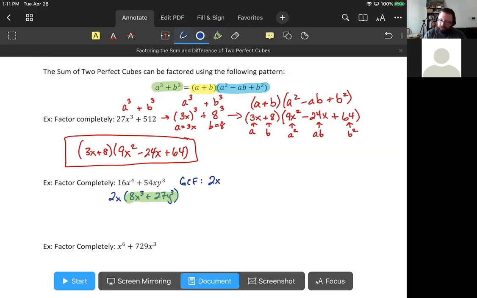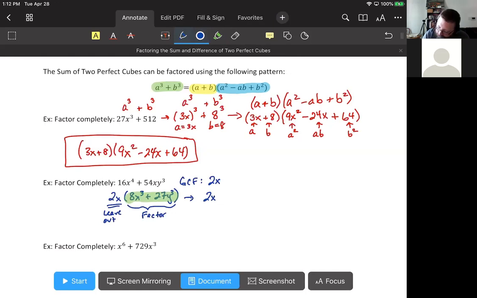Okay? So we're going to leave this 2x out here, and we're going to factor this binomial following our rule. Okay? So the 2x is just going to hang out front, and we're not going to do anything with it. It's just going to sit there. For the rest of the problem, it'll be part of the answer.